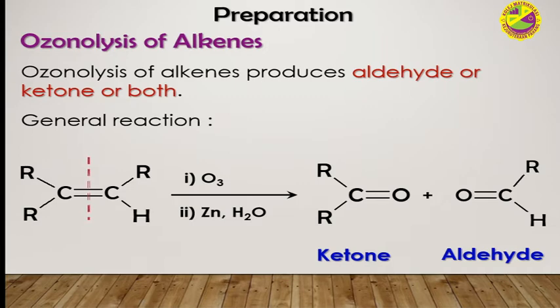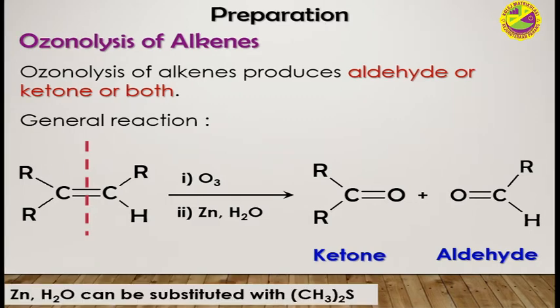If we have an alkene, we just split the carbon-carbon double bond, and each carbon will end up with a double bond to oxygen. So we will get two carbonyl compounds. The R group and hydrogens stay the same.